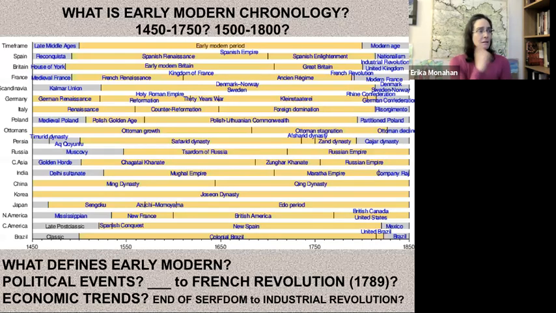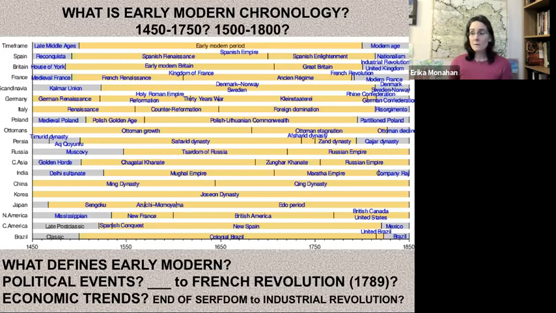And you see a good deal of variation, from starting in 1450 to putting the start of the early modern period into the mid 16th century. And then in some of these places, bringing the modern period all the way up to 1850, as we see in the Russian case. I don't agree with that one at all, but be that as it may, what defines an early modern period? How do we define it?